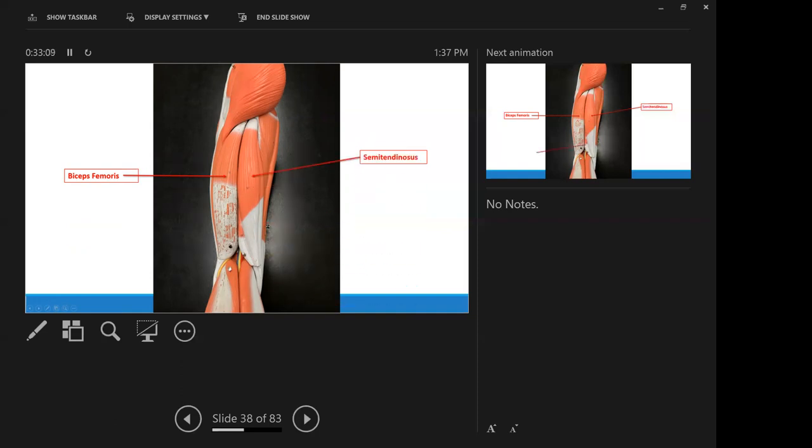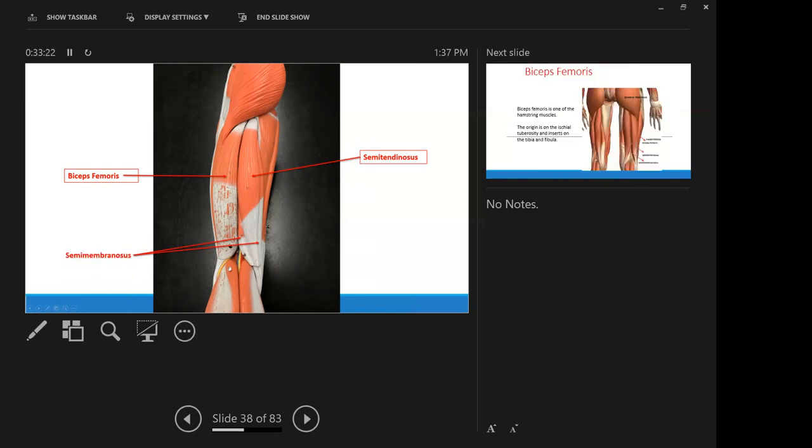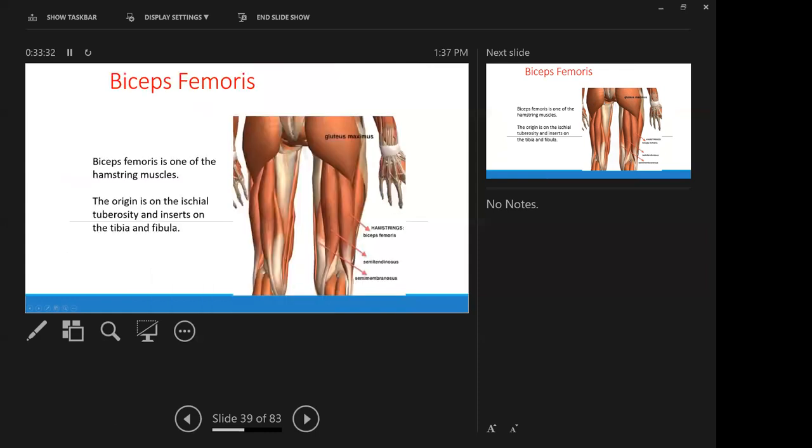Because now we're looking at the semitendinosus on top of the semimembranosus, which is slightly visible underneath the semitendinosus, right there. Membranosus, medial side, tendinosus on top. So these are the three hamstrings.